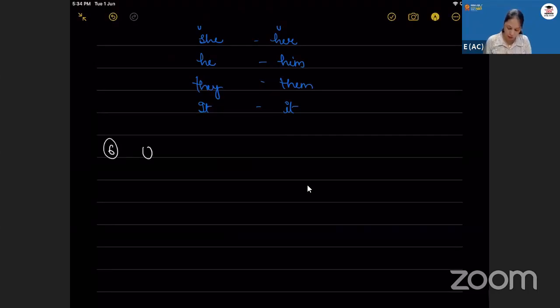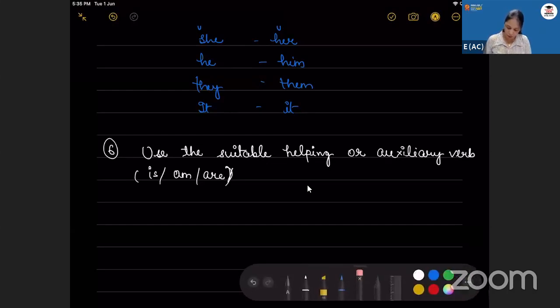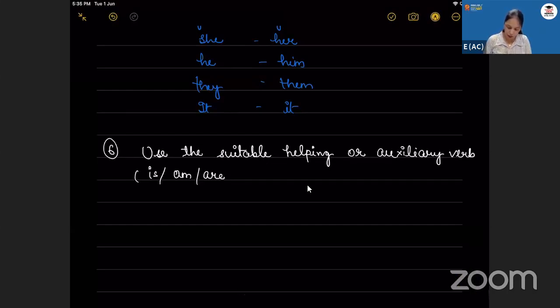Use the suitable helping or auxiliary verb: is, am, are, was, were, etc.